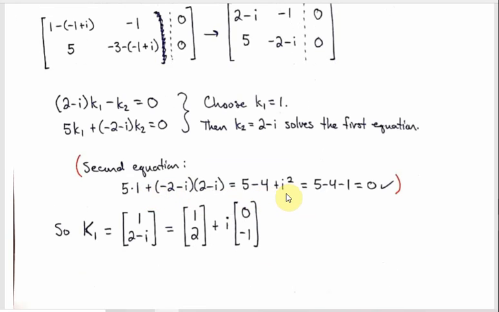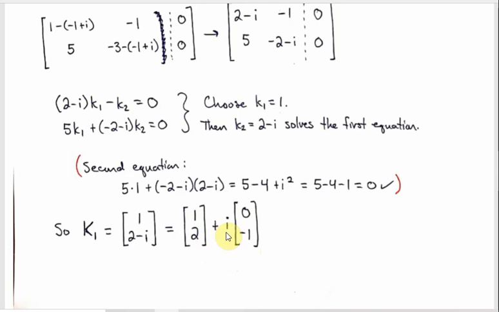And yeah, considering that i squared is -1, this ends up working out and you get 0. So, okay, well then that means that k1, our eigenvector, we can write it like this, right? (1, 2 minus i). Or we can write it like this, where then here we've got it broken up with the real and imaginary parts explicitly written out. So there's the real part, right? The 1 and the 2.